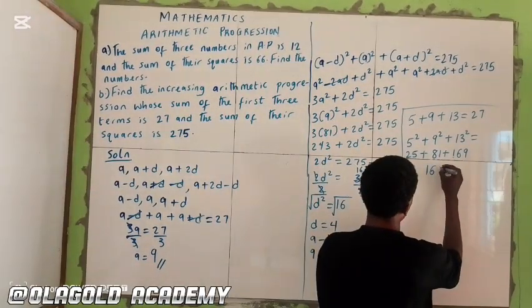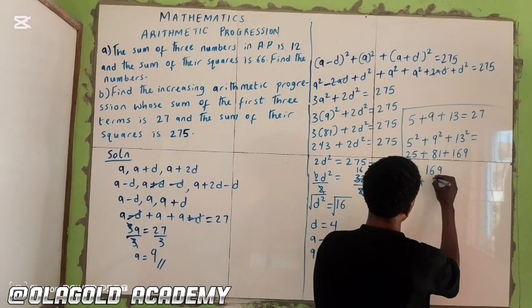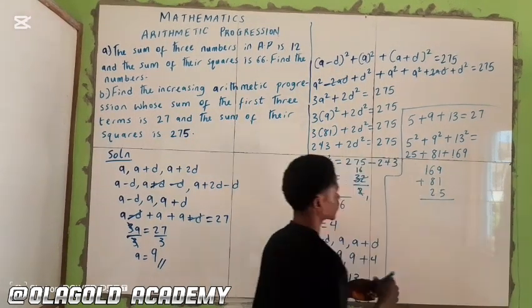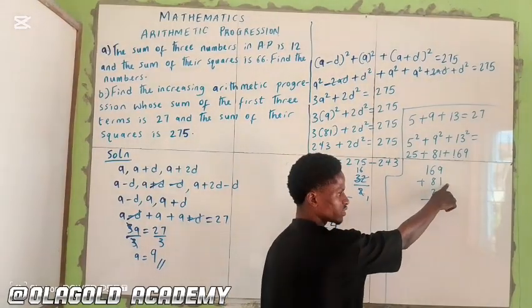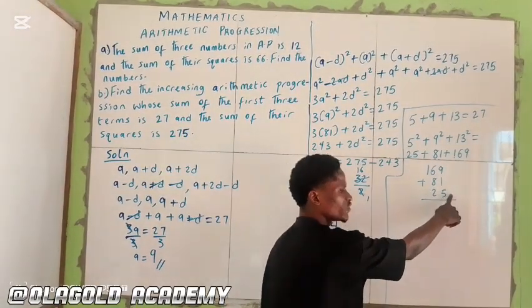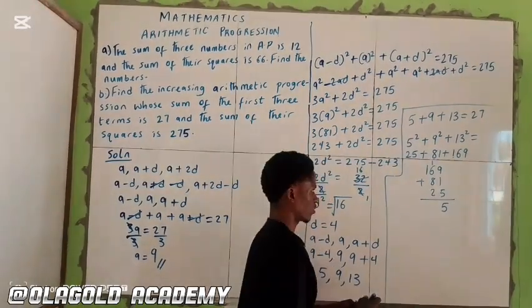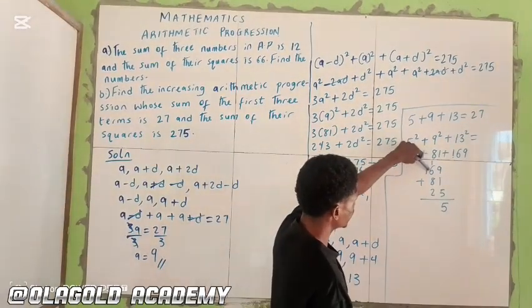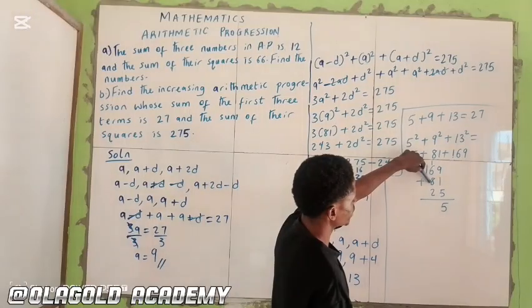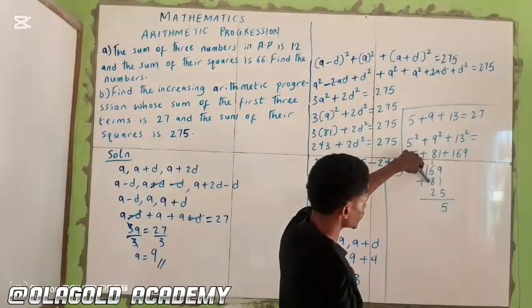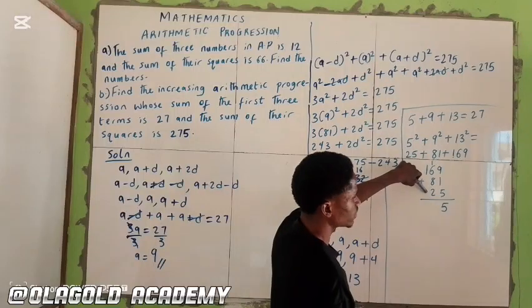So 169 plus 81 plus 25. 9 plus 1 will give me 10. 10 plus 5 will give me 15. So I have 5, remainder 1. 1 plus 6 will give me 7. 7 plus 8 will give me 15. 15 plus 2 will give me 17.